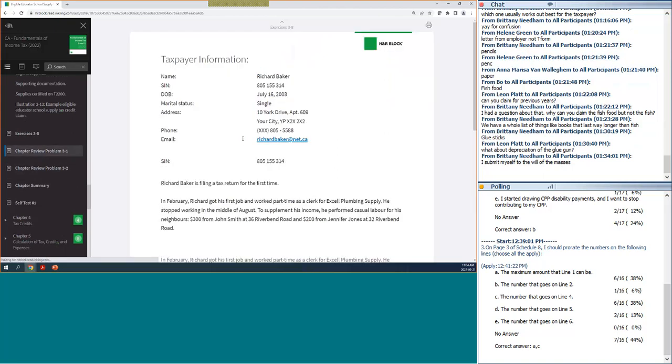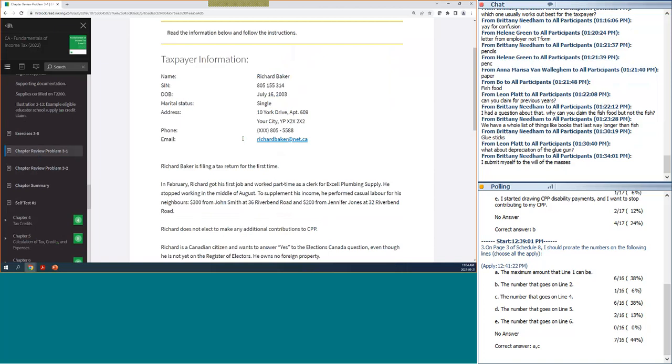We're going to do review problem 3.1, and we've got Richard Baker. Richard Baker is filing for the first time. He's a new taxpayer. For whatever reason, maybe it's his first job, maybe he didn't have a reason to file before that. I'm going to take a look at his date of birth, and as soon as I look at his date of birth, what do I know about Richard?